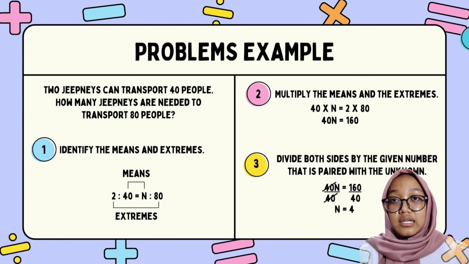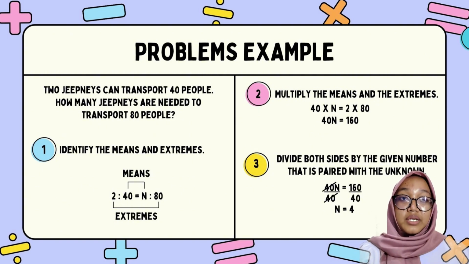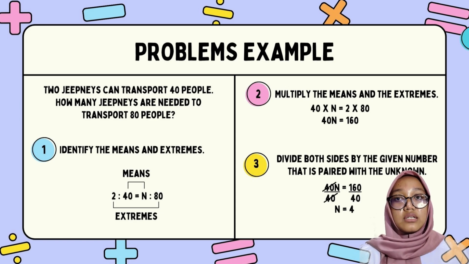The second step is to multiply the means and the extremes. So we will multiply means with means and extremes with extremes. The means are 40 and n, so on the left side we have 40 times n.